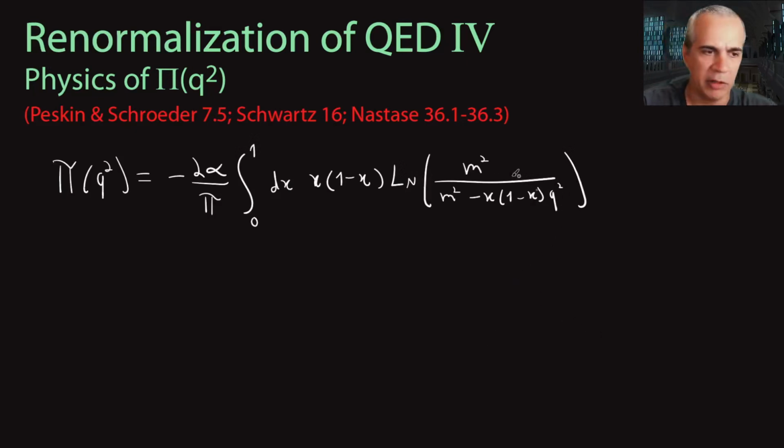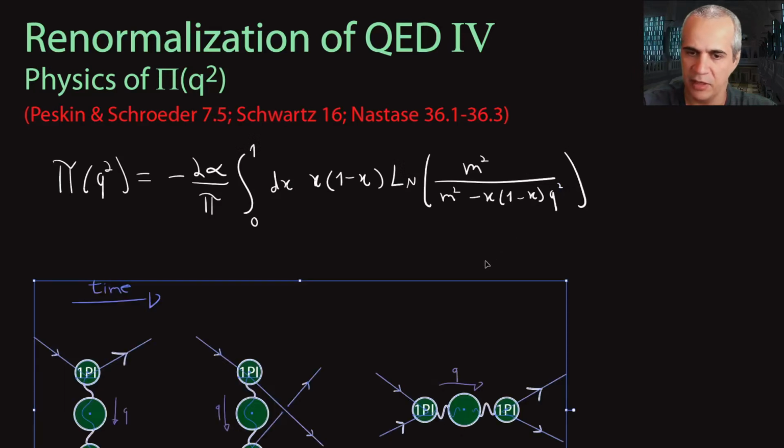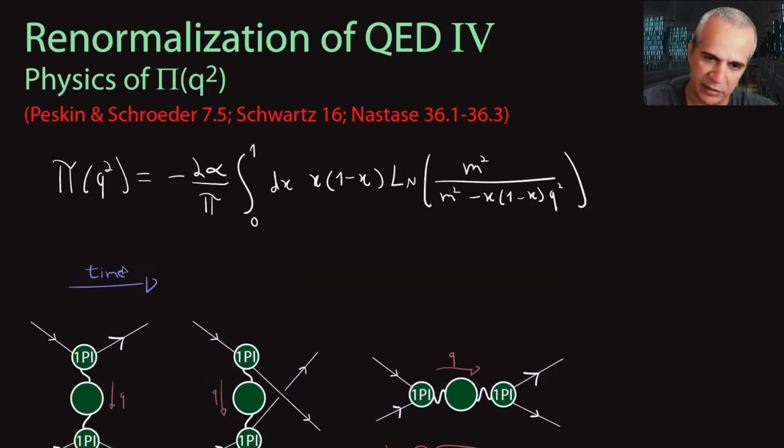We want to see a few effects generated by this correction to what you had, just the free photon propagator. So in order to do that, let's see how this Q square behaves in a few situations.